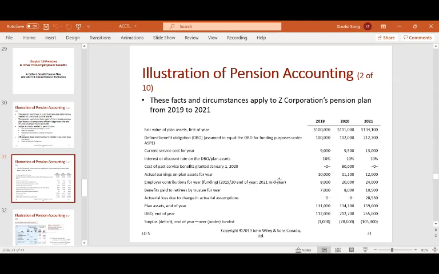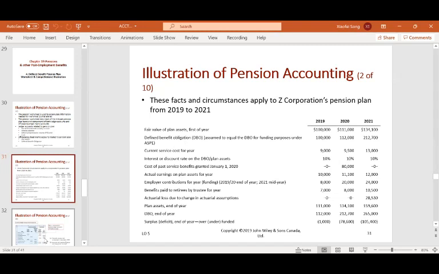Not from the start, because you don't make all the contribution from day one. If you make it evenly throughout the year, which is pretty much the same effect as mid-year, then you should account half a year's return on those amounts. Does that make sense? Yeah, so those details.